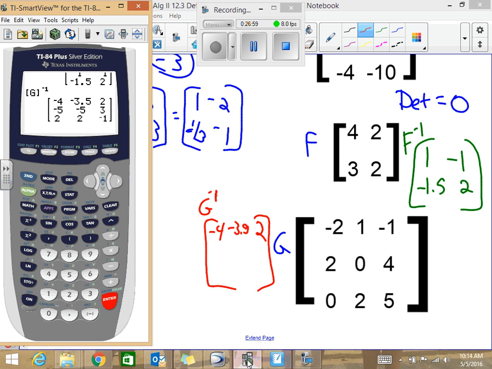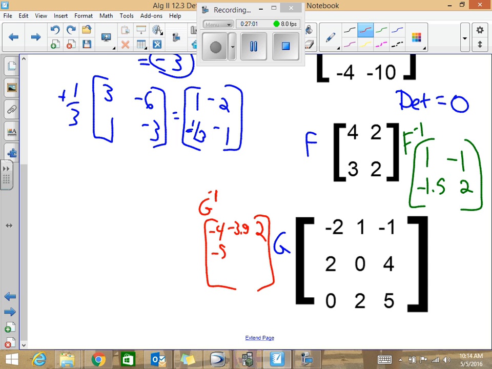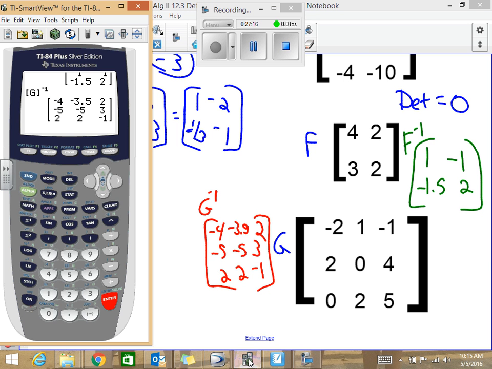Negative 5, negative 5, 3, and 2, 2, negative 1. So if this is G, this is the inverse of G. If I multiply those two together, I get the identity matrix.